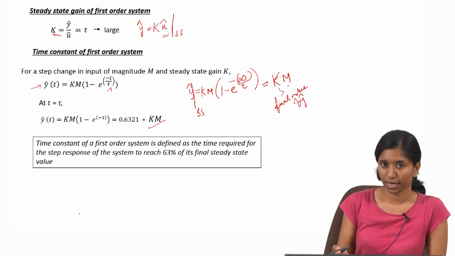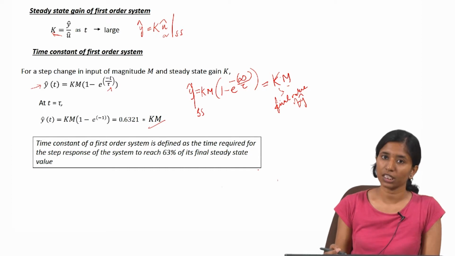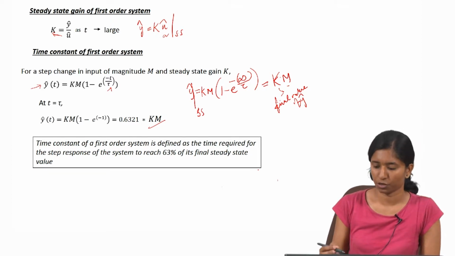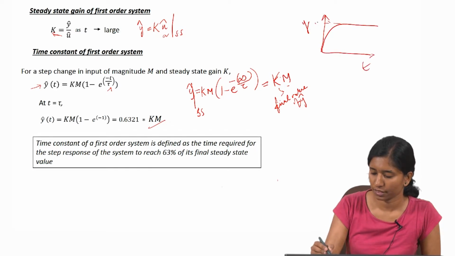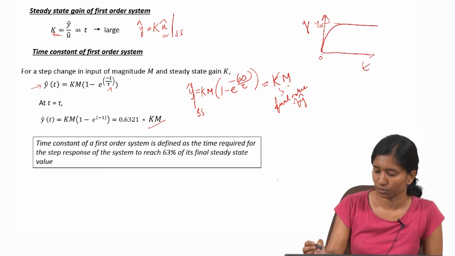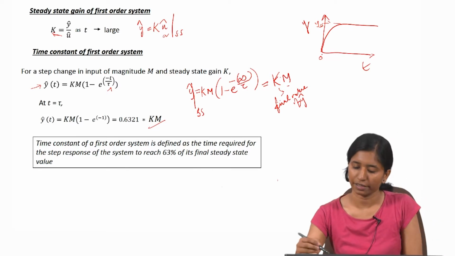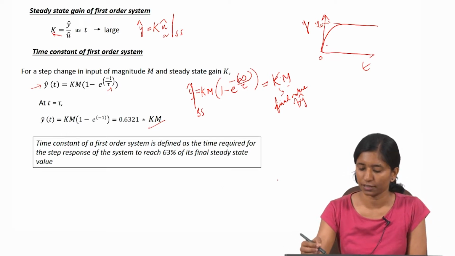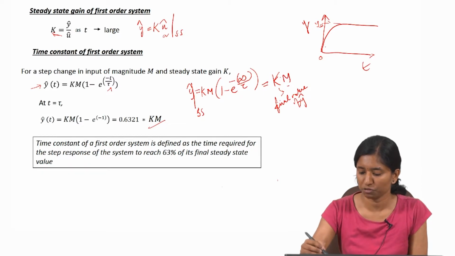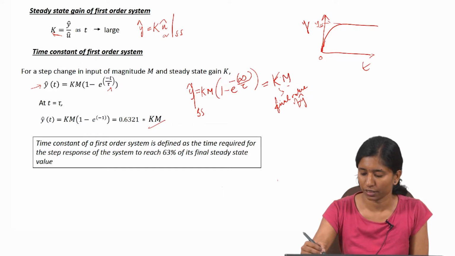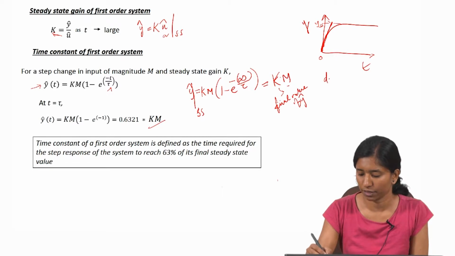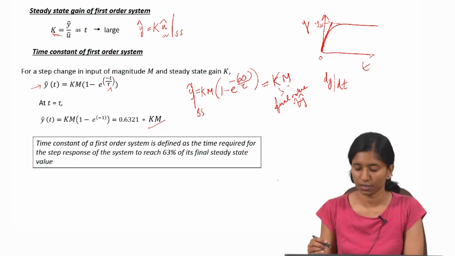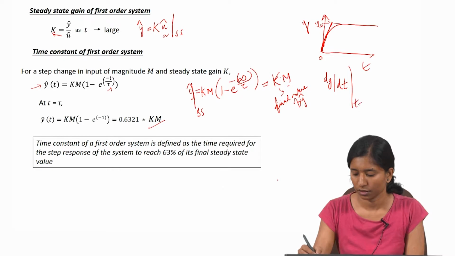Another way to look at the time constant is this. We know that the step response of a first order system looks something like this, and this is the steady state value. This is 0. So, let us say the initial rate of change is given by dy by dt, the slope of this curve, and the initial value of this slope is at t equal to 0.